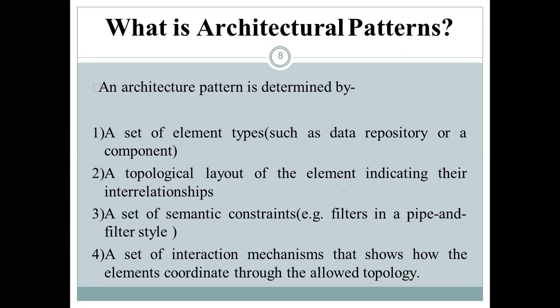Then the fourth one is a set of interaction mechanisms that shows how the elements coordinate through the allowed topology, how the elements communicate and interact with each other. These are the key elements by which we determine what the architectural pattern is, which kind of pattern it is.